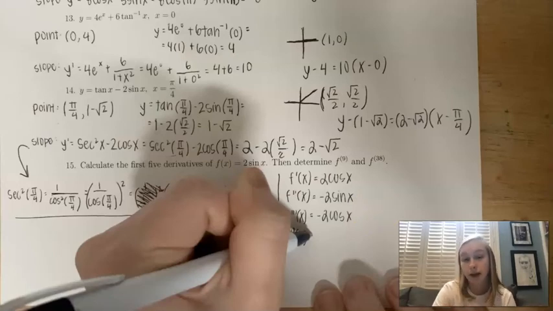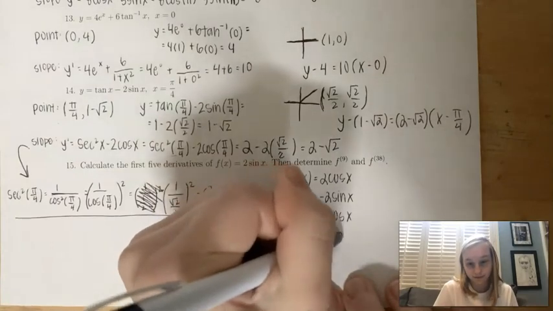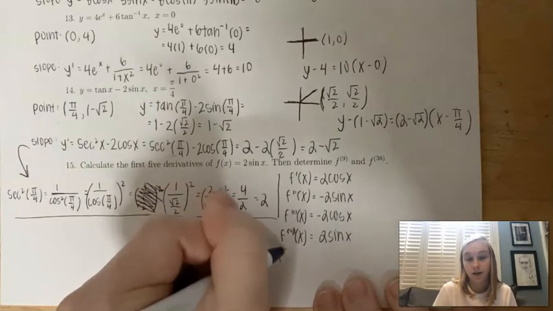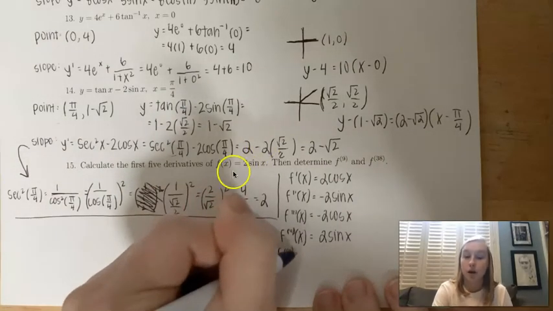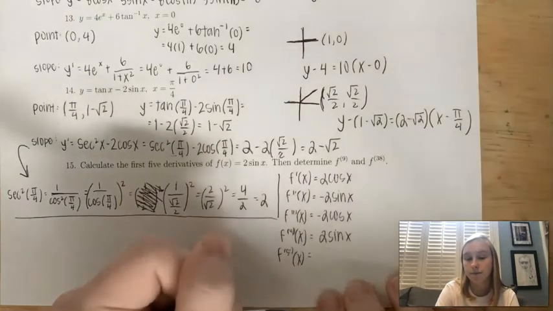So it just flips back into 2 sine x. And then the final derivative, the derivative of sine is cosine. So you get 2 cosine x.